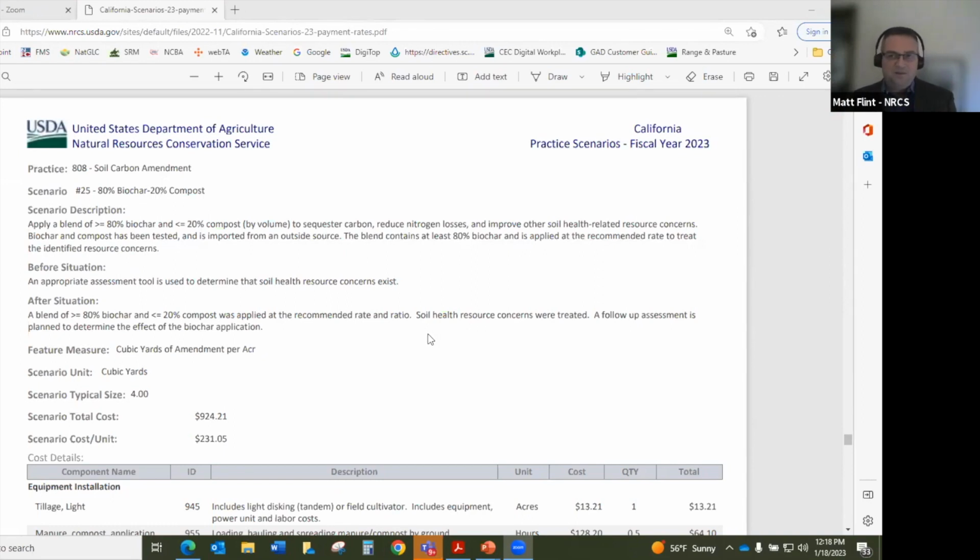Michael and I had talked about this, and we said it's probably better to think of these payment rates like the coupons that your car dealer sends you to say, we'll give you $500 off service, right? But you don't know what that service is going to cost until you get the estimate. So think about the payment rate as something that you can depend on as an amount of reimbursement.